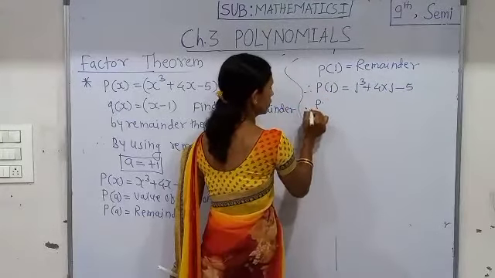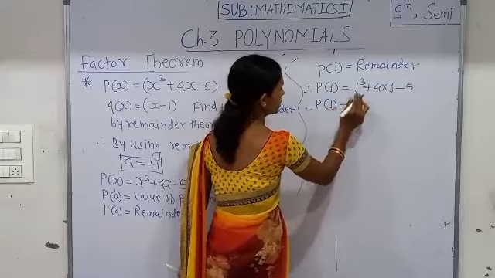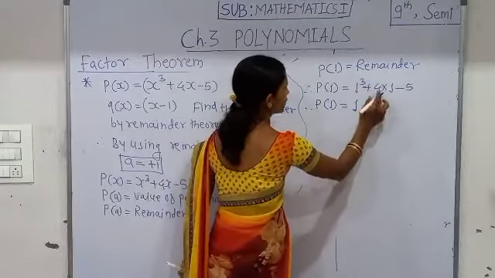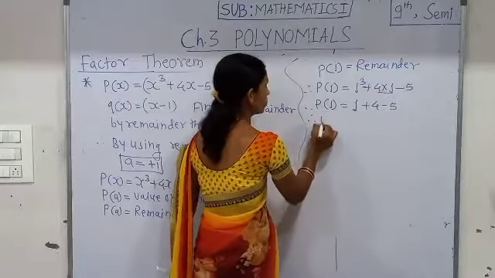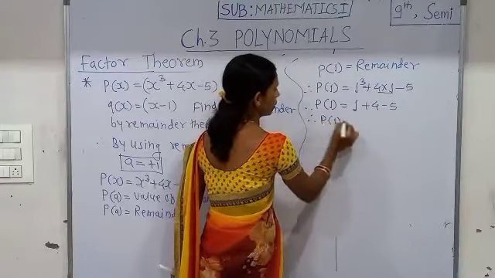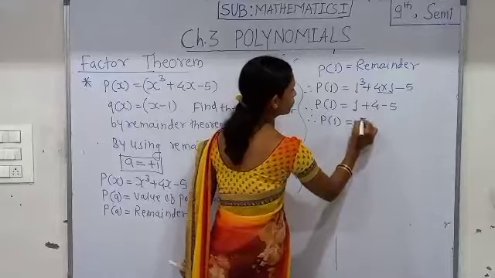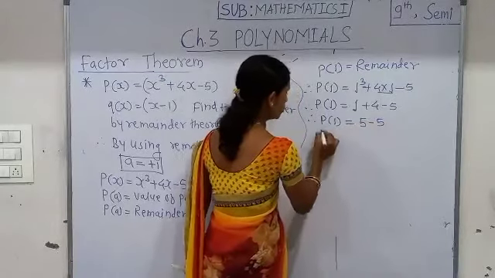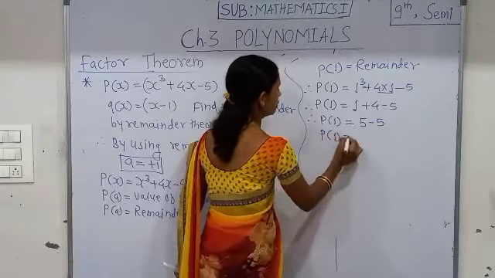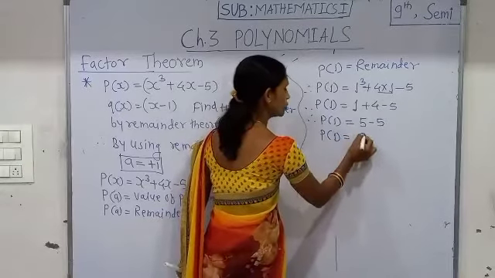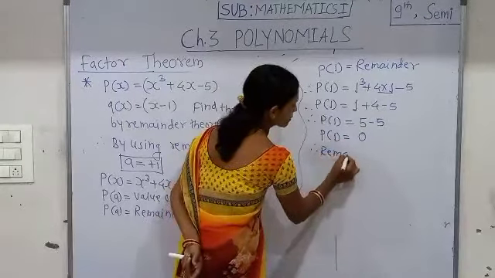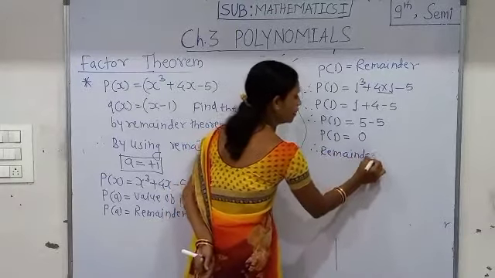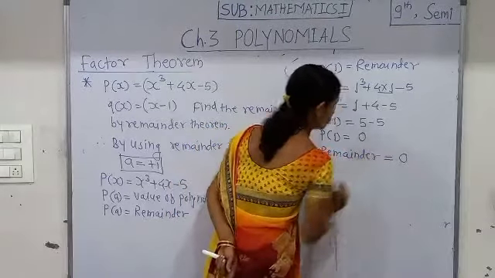Therefore, p(1) is equal to 1 cube, 1, plus 4 into 1, 4, minus 5. Therefore, p(1) is equal to 1 plus 4, 5, minus 5, that is 0. Therefore, the remainder is 0.